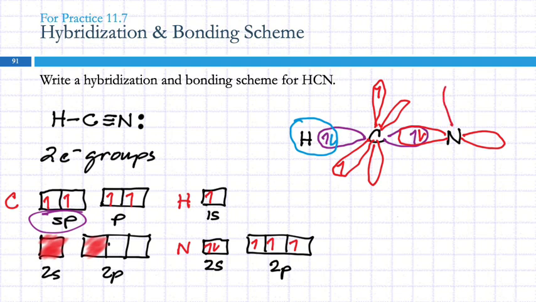It has another p orbital that goes straight up and down, and another one that goes in and out of the plane of the screen. So this p orbital and that p orbital can form a pi bond.